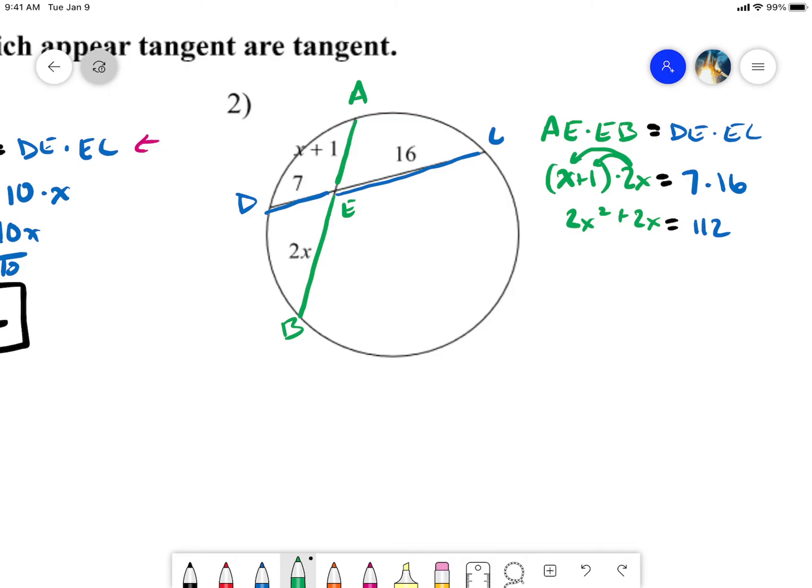So this is where we kind of start to run into problems. Okay? What type of equation is this? Who knows? Who remembers?